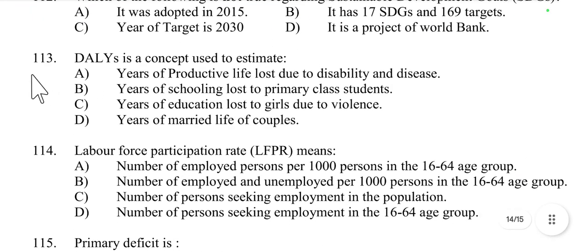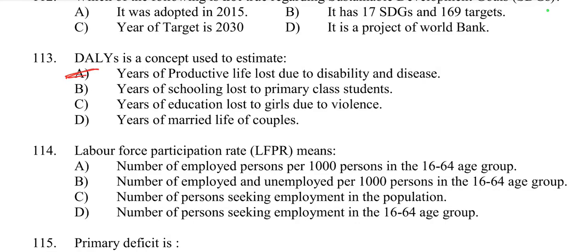Then question number 113, DALY is a concept used to estimate. DALY means disability adjusted life years. It is a concept used to estimate years of productive life lost due to disability and disease.